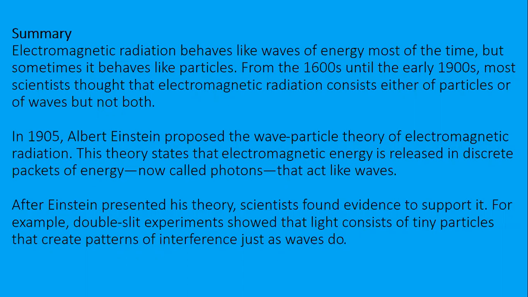In 1905, Albert Einstein proposed the wave-particle theory of electromagnetic radiation. This theory states that electromagnetic energy is released in discrete packets of energy, which we now call photons, that act like waves. After Einstein presented his theory, scientists found evidence to support it. For example, double-slit experiments showed that light consists of tiny particles that create patterns of interference just as waves do.